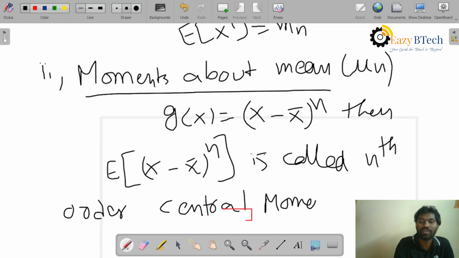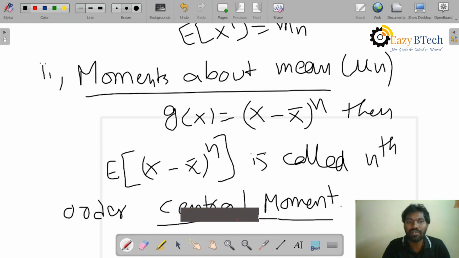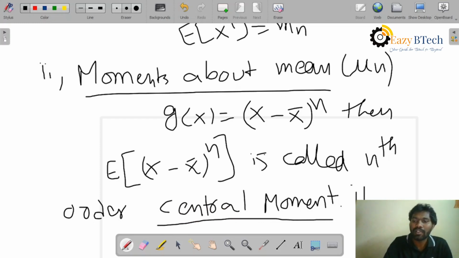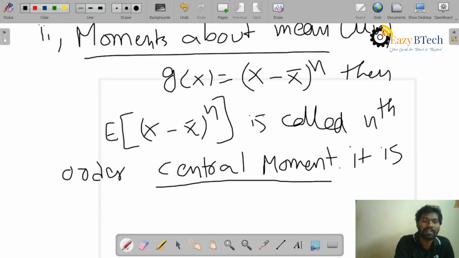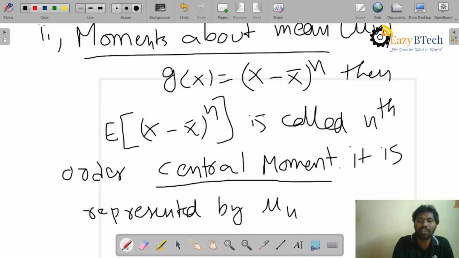Here the name is important: central moment. Moments about mean are called central moments, and they are represented by mu subscript small n.